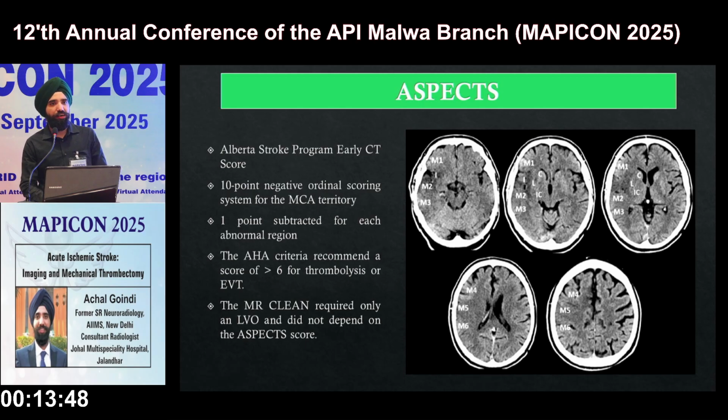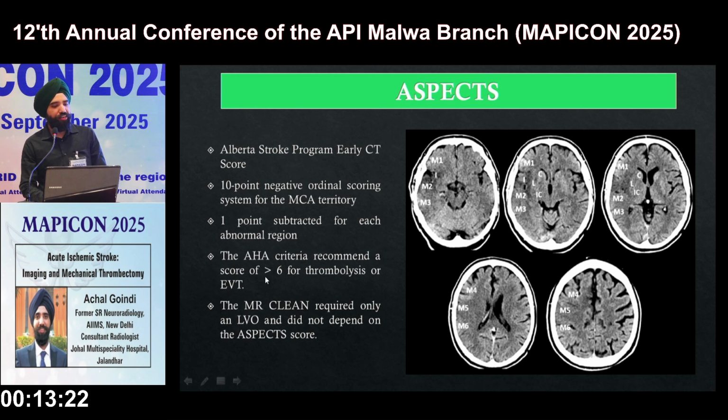So an ASPECT score of 10 means a healthy brain, and an ASPECT score of 0 or 1 would mean that a large volume of the brain has been involved and is going to get infarcted. Why is this ASPECT score important? It helps us to decide whether medical as well as endovascular treatment is recommended or not.